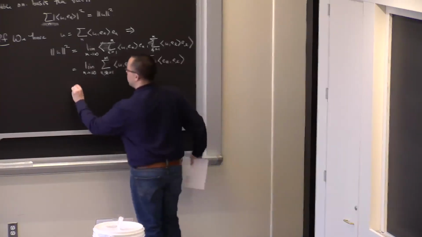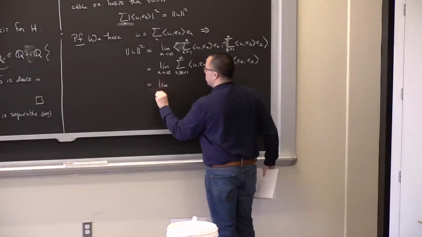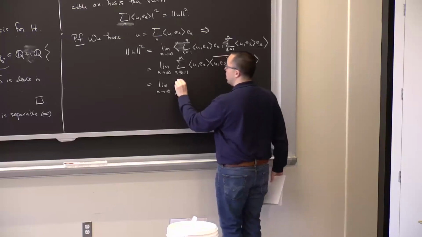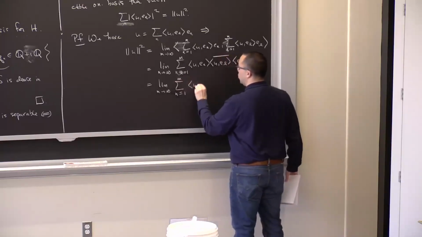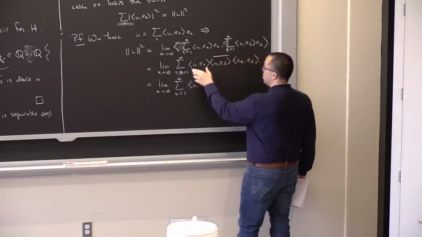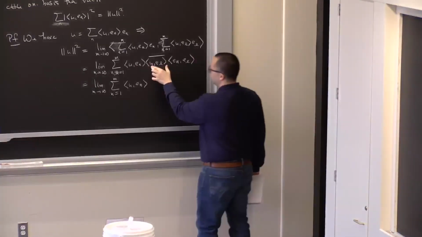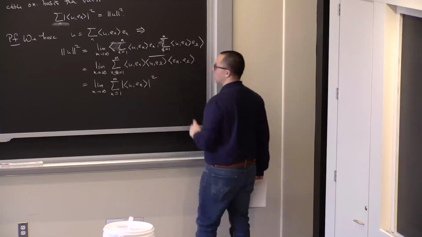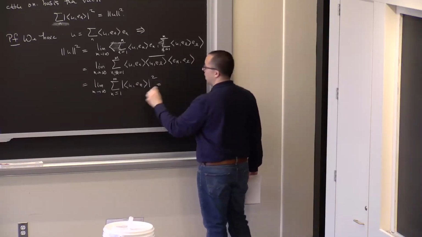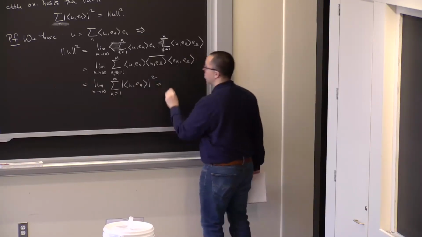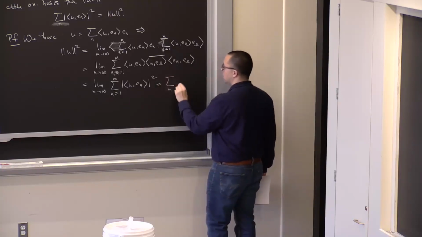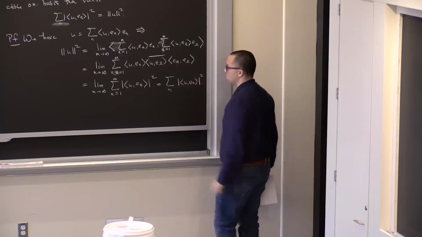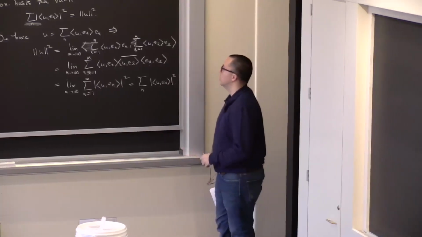So I only pick up, when l equals n, (u, e_n) times the complex conjugate of (u, e_n), which is just the norm squared. And I'm taking the limit as m goes to infinity, so I pick up the whole sum, the infinite sum, if it's infinite. Okay?